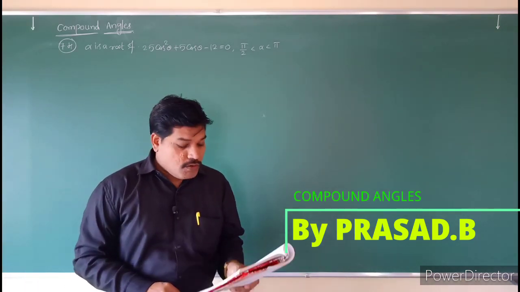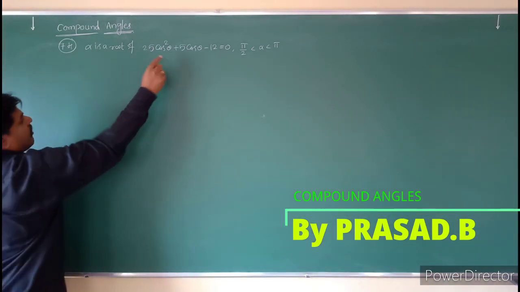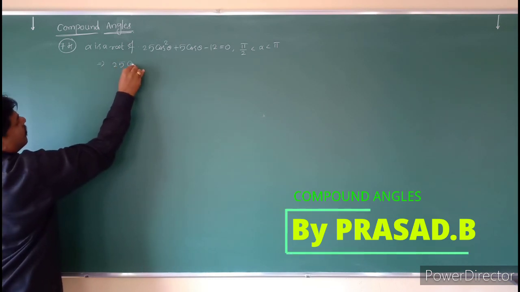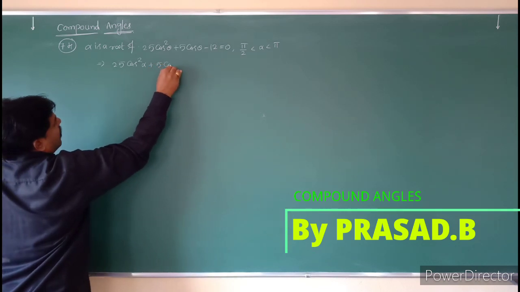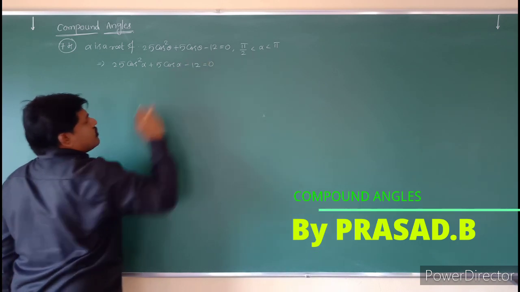So alpha is a root of this equation, which implies 25 cos square alpha plus 5 cos alpha minus 12 is equal to 0.